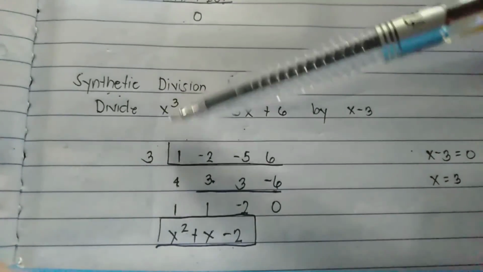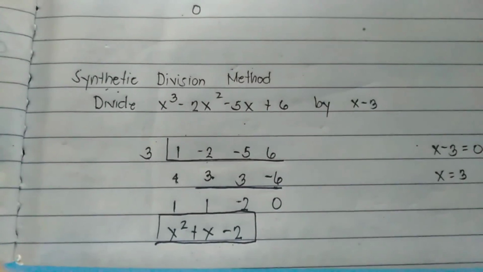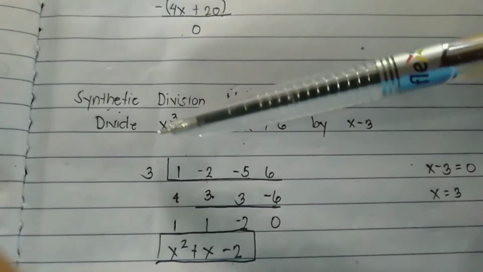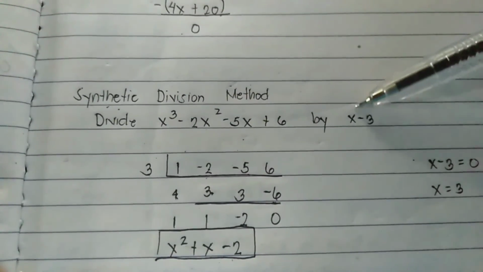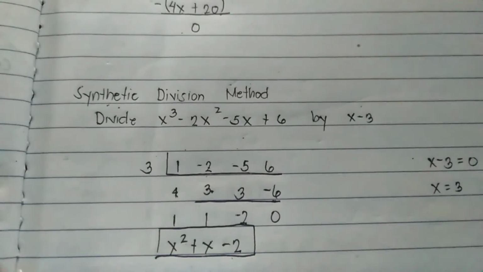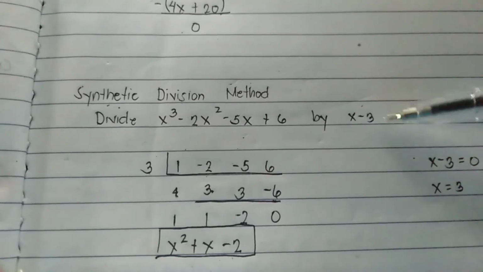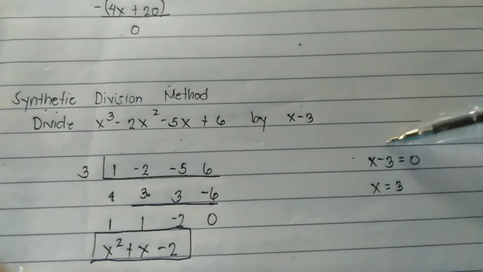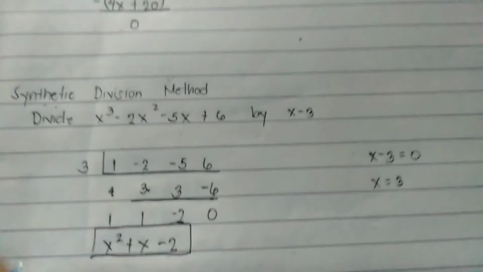So 1, negative 2, negative 5, and 6. Then on the right side of the row, you must get the inverse of the constant of the divisor. So in this case, we must equate it to 0. So x minus 3 is equal to 0. So x is equal to 3.